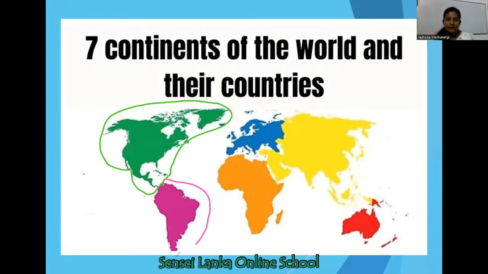Then what is this pink color area? We are going to learn it now. An orange color area. Can you see different areas in different colors? Then what is this blue color area? And then there's another with yellow color.